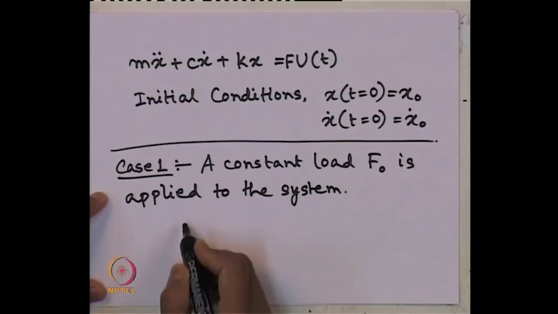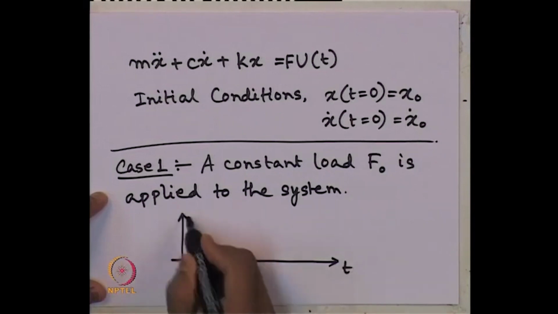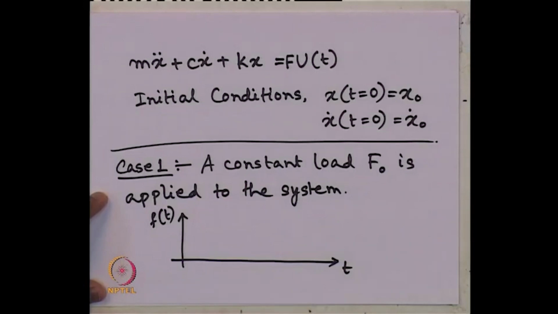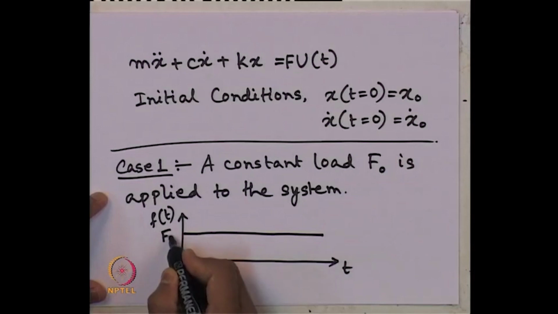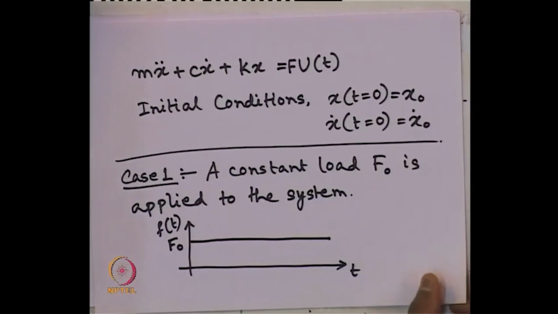So, what does it mean? The variation of that applied dynamic load f(t) with respect to time is something like this. So, for this forced vibration, what should be the equation of motion?